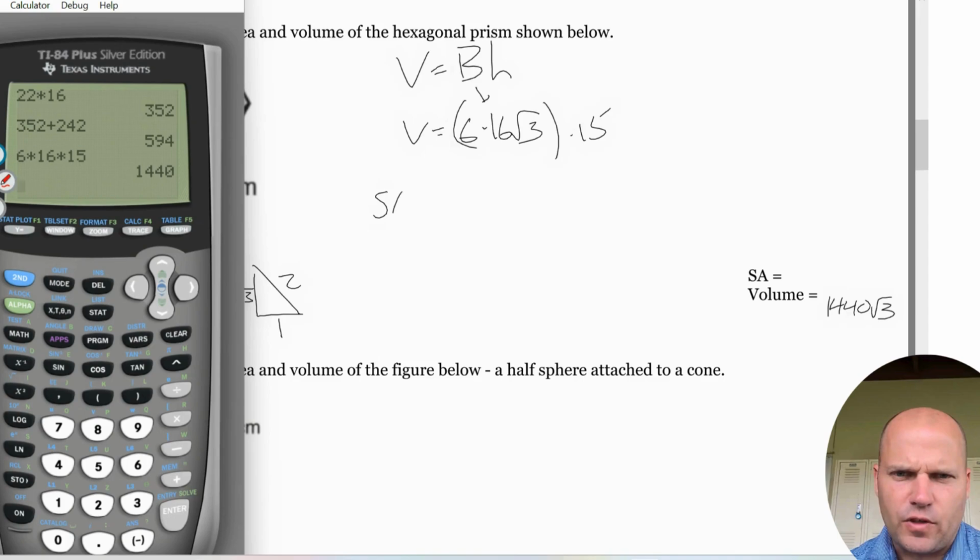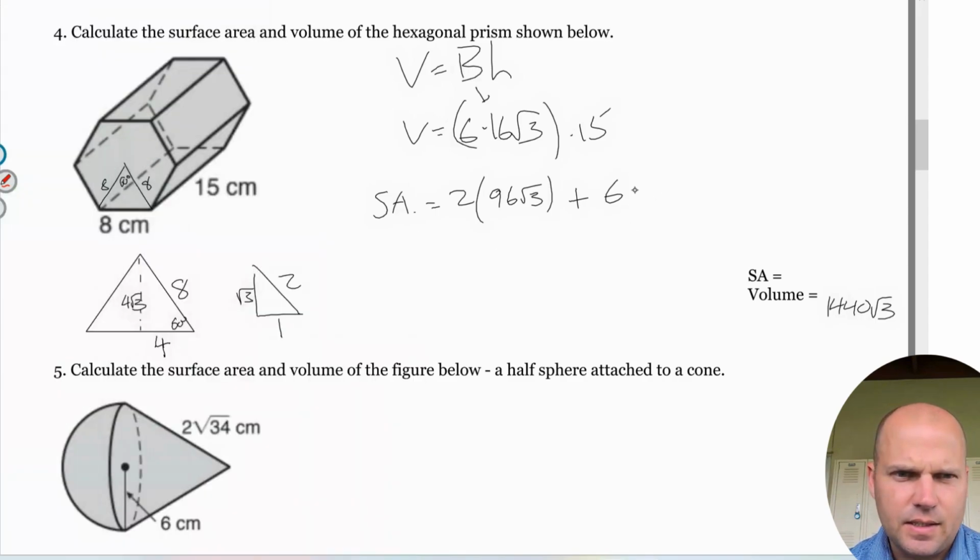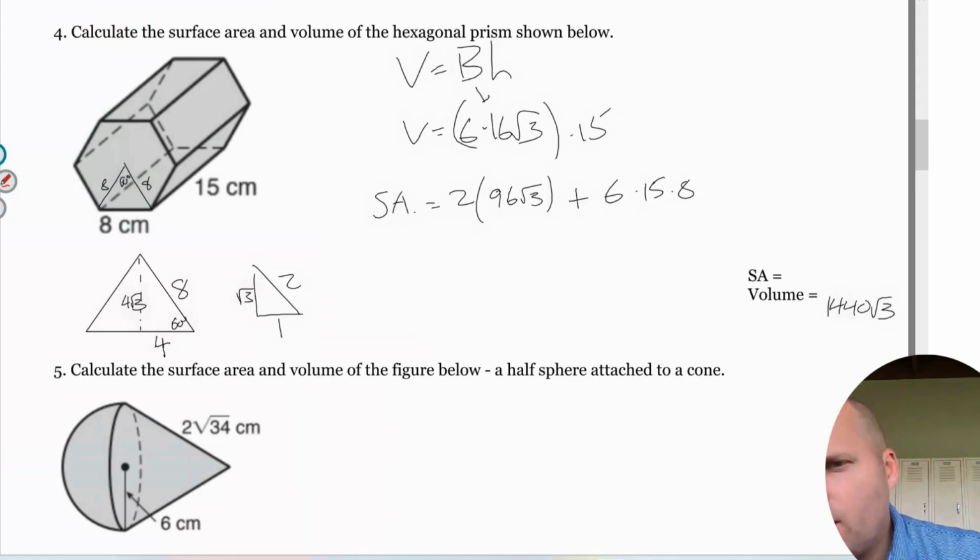All right, so the surface area, again, I have 2 of those, 6 times 16 root 3s, which is 96 root 3s, plus 6 of these 15 by 8 rectangles.